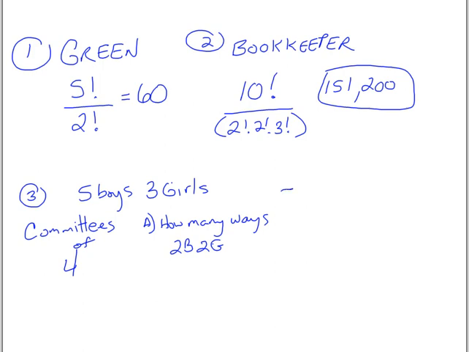So it's nCr. What you have, what you want. So I have 5 boys, I want 2. I have 3 girls, I want 2. So what you'd punch in your calculator is 5C2, which is 10, times 3C2, which is 3, and the answer is 30.